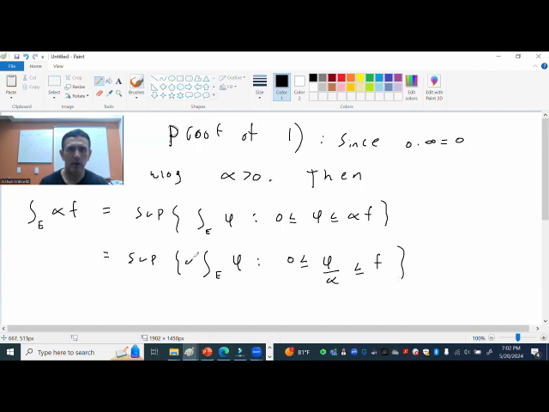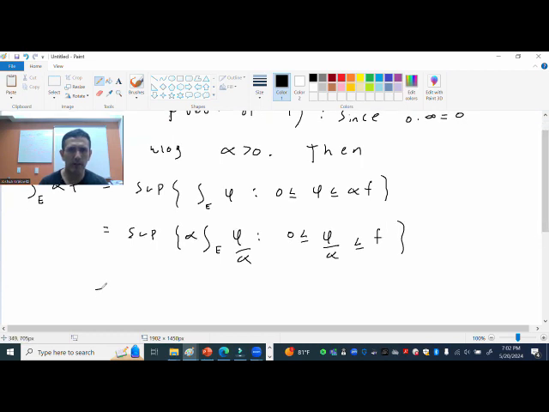So I'm going to multiply and divide by alpha. But looking at all these integrals, if you think about it, it is the same thing. And if you have any doubts, just prove it. Prove that these two sets are equal.